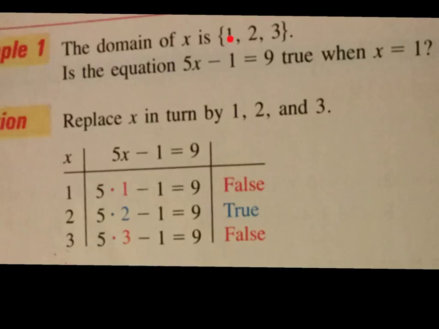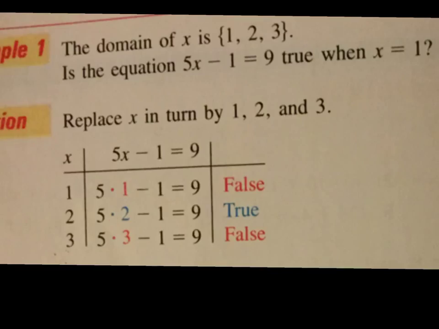They take the set and rewrite each of the values in a row underneath the column that's marked x. Then they just transcribe the equation down into this column, and they save this column for denoting whether the equation is then true or false.